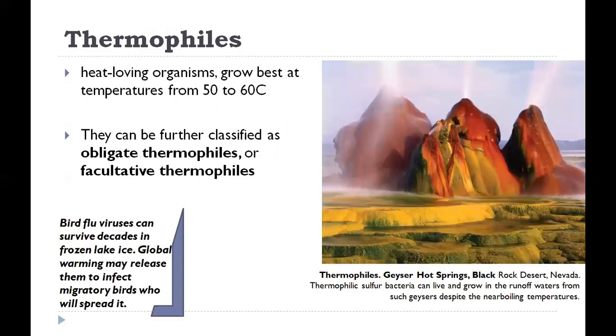And for thermophiles, temperature range is 50 to 60 degrees Celsius, or make it 50 to 75 degrees Celsius. Thermophile, 50 to 75 degrees Celsius. Do not copy 60 degrees Celsius. Write down 50 to 75 degrees Celsius.